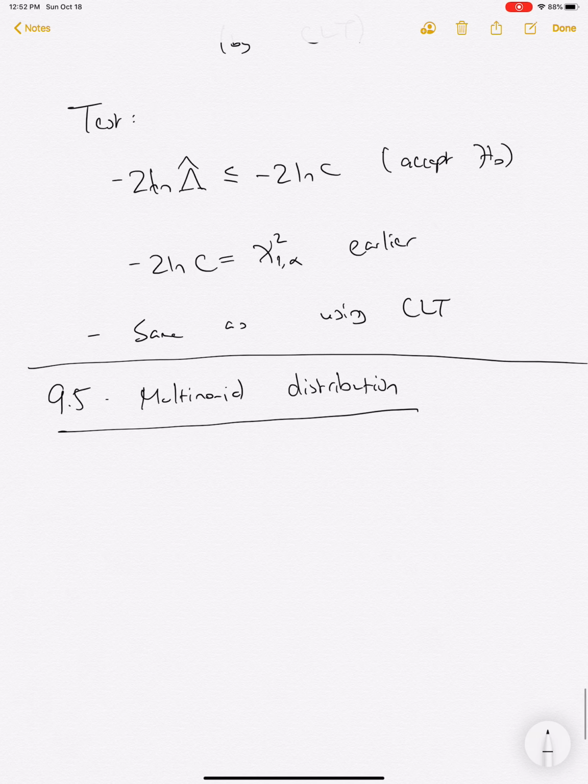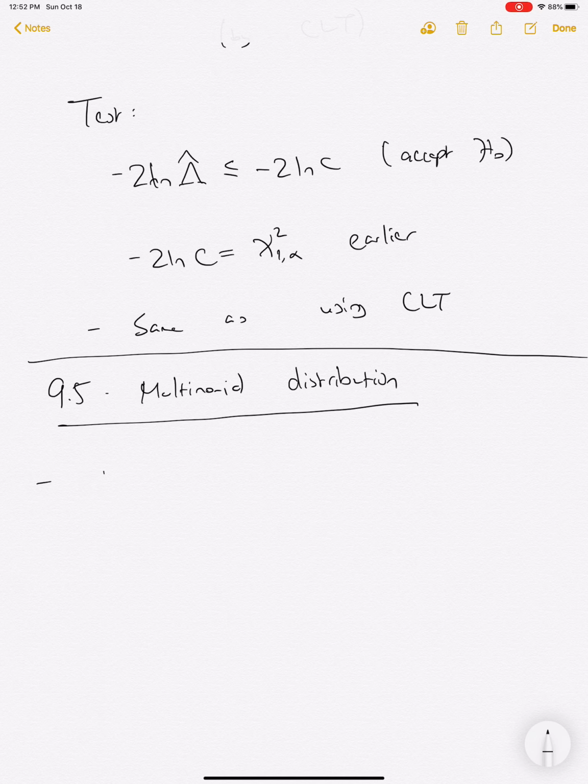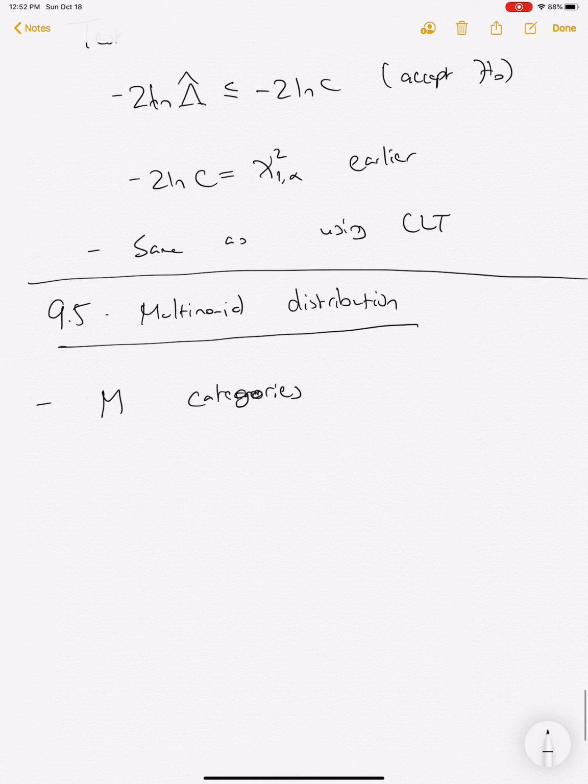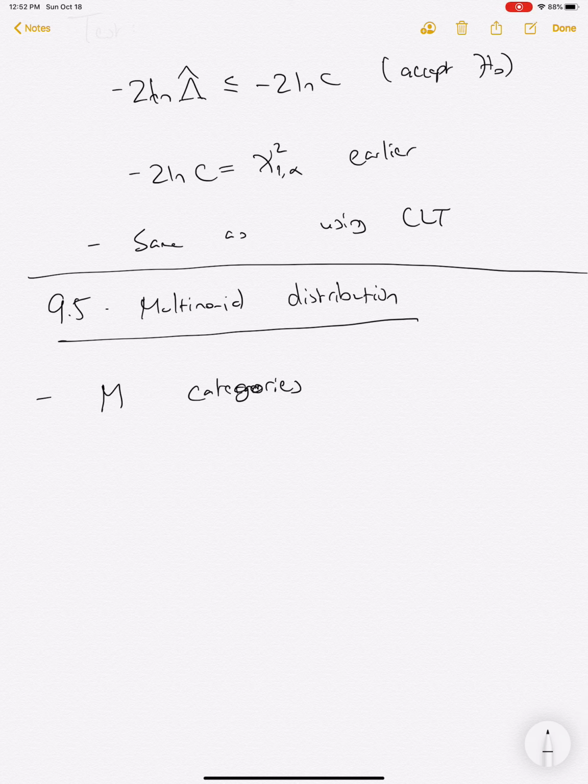Some of you may not have encountered the multinomial distribution before, but it's reasonably intuitive. So I'll give a bit of background to it. Here you have m categories, and a good example is blood type. Each person falls into one of some number of different categories.